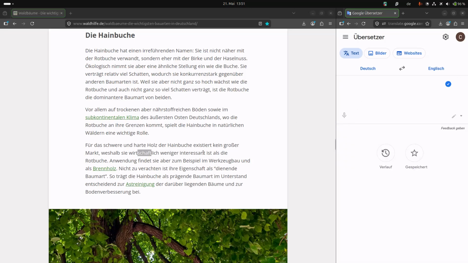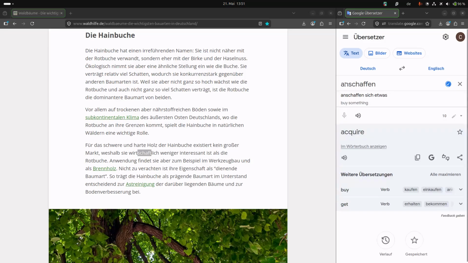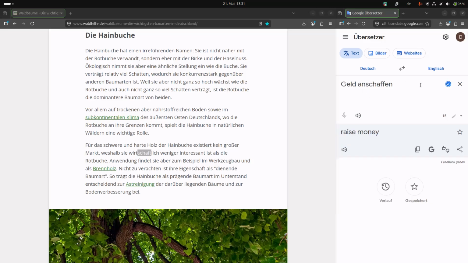Rather in terms of getting to something, but schaffen, for example, anschaffen, Geld anschaffen, acquire or buy, raise money, something like that, but I'm just guessing.